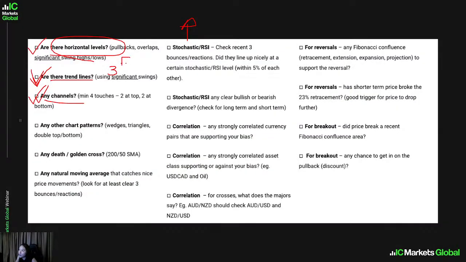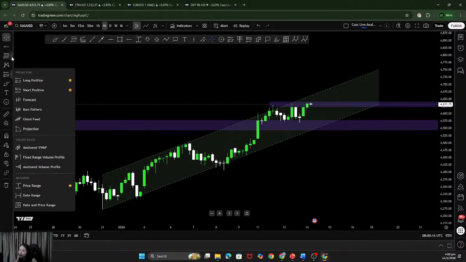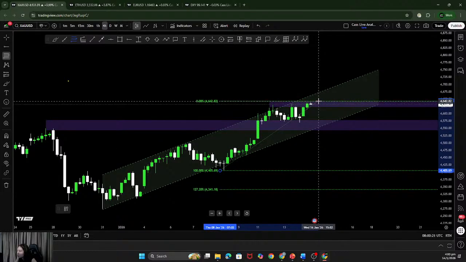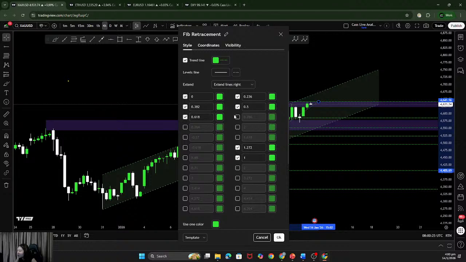Now we're going to pull out Fibonacci levels. I'm going to take the Fibonacci retracements from here to the swing high to see if there are any levels that make sense.